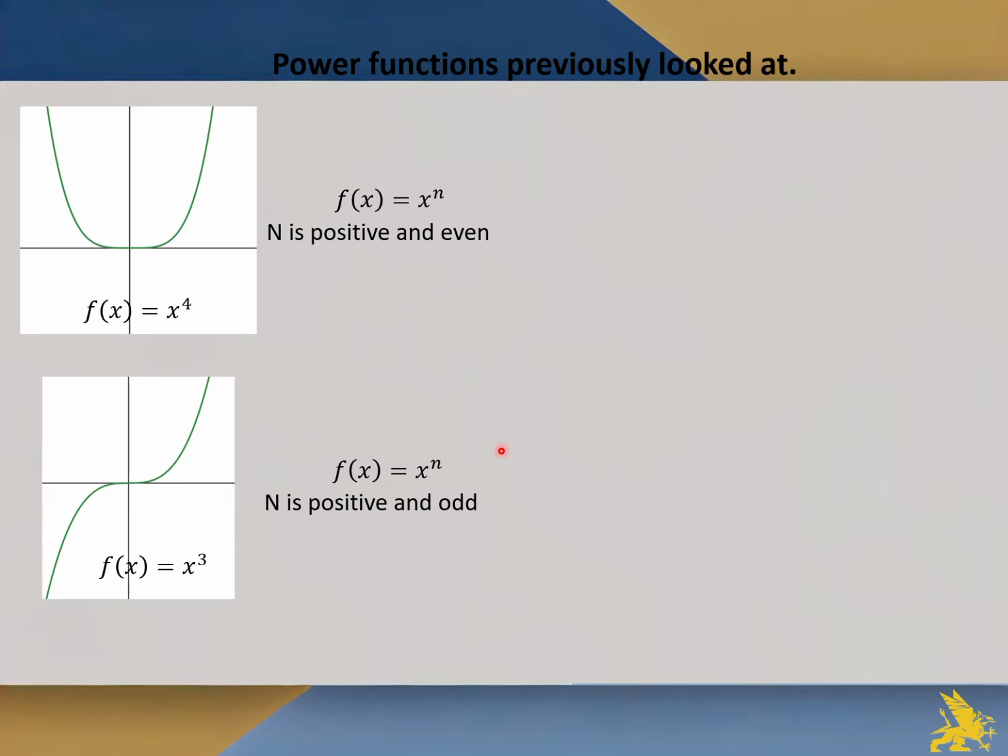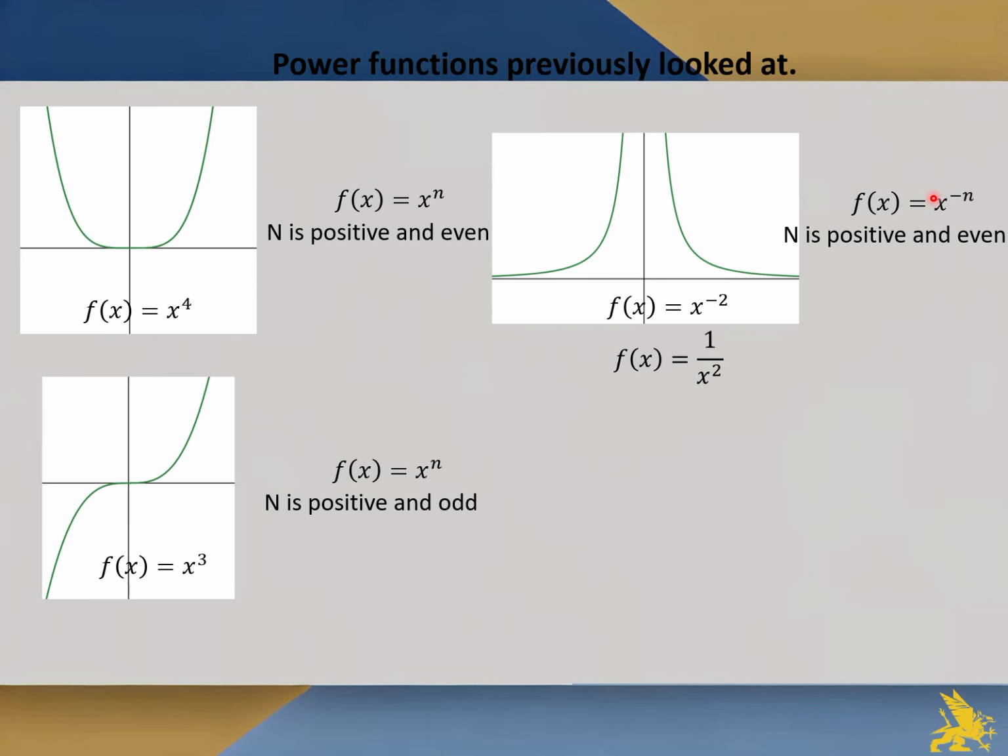Then we're going to move on to x to the power of negative n. Now we have dealt with this, but we've never had it in this form, so I've rewritten it as 1 over x squared for this graph, which is the same as x to the power of negative 2.